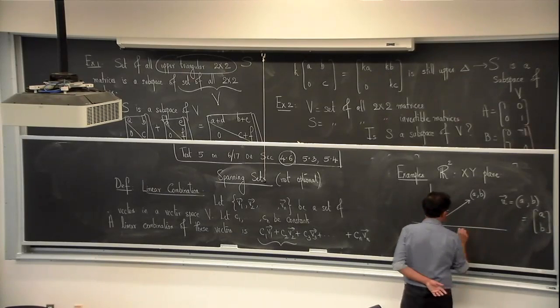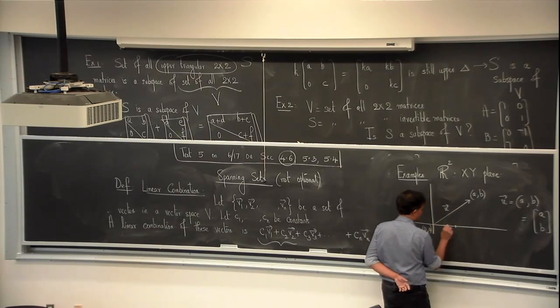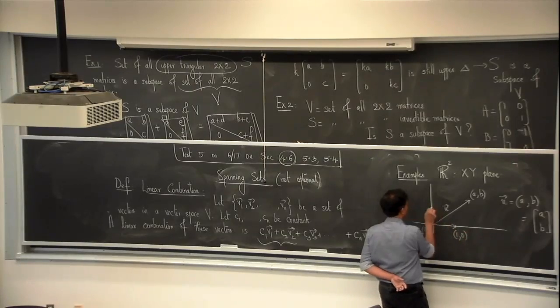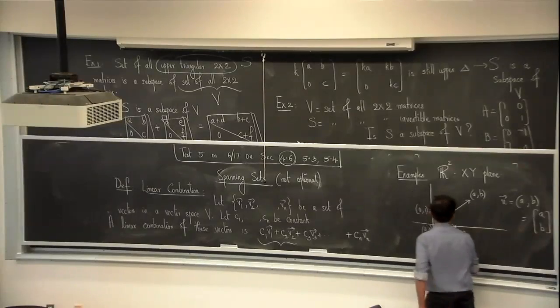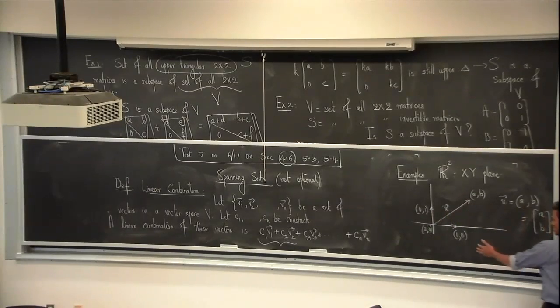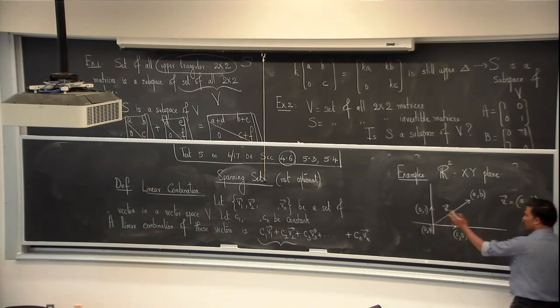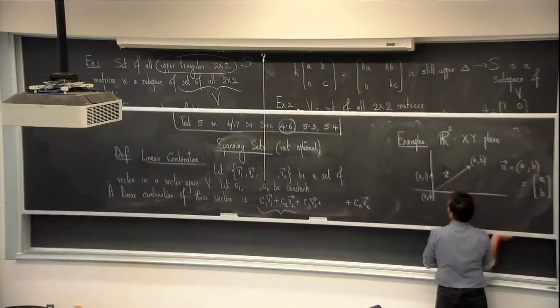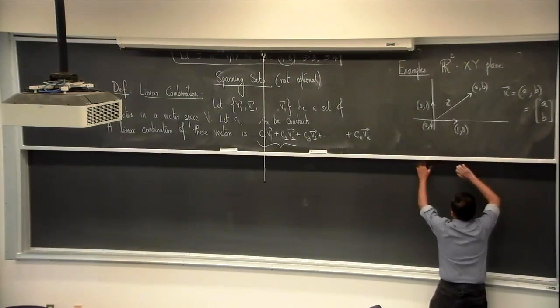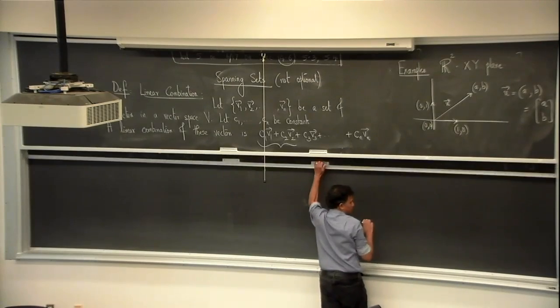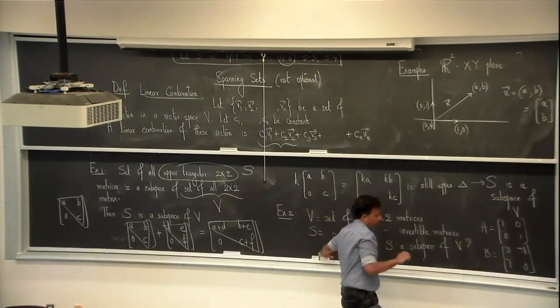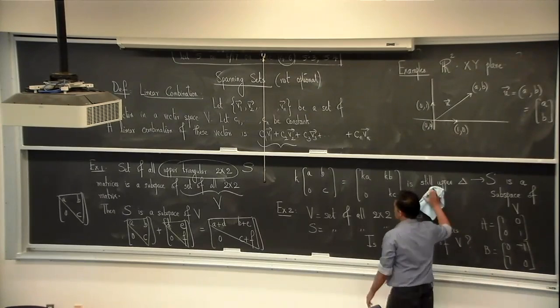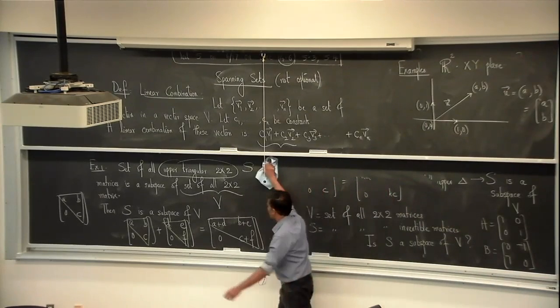And I hope all of you are familiar with the two unit vectors along the x and the y axis. This is (1, 0), and this is (0, 1). What you probably might have called the i and the j vectors in physics. Okay, those are the two vectors on the x and y axis. Then it doesn't take a lot of imagination to write the following.